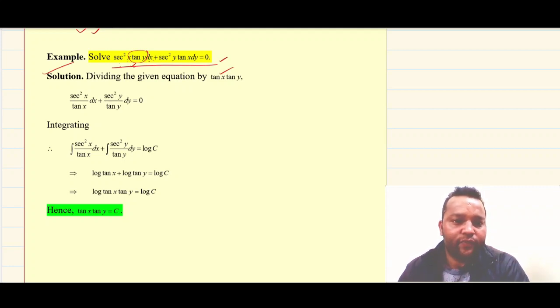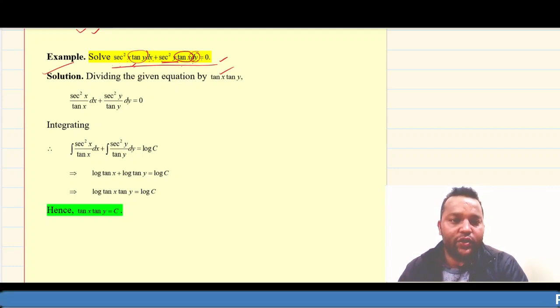And in the second term, sec square y tan x dy, our objective is to write all the functions of y along with dy. So here tan x should be removed by simply dividing the whole equation.